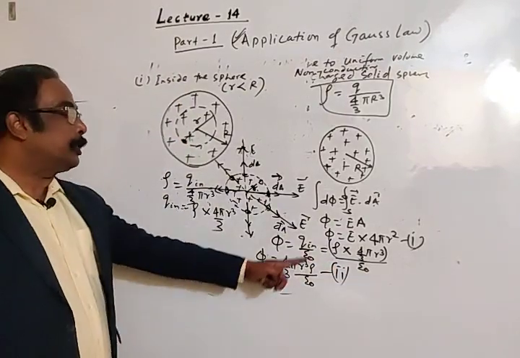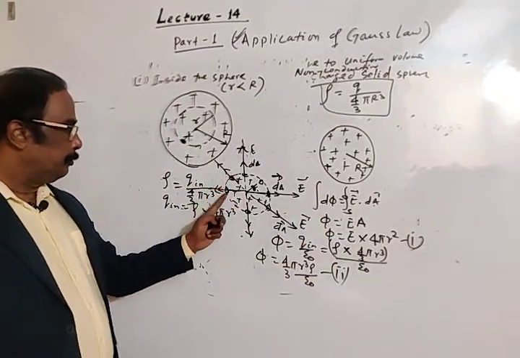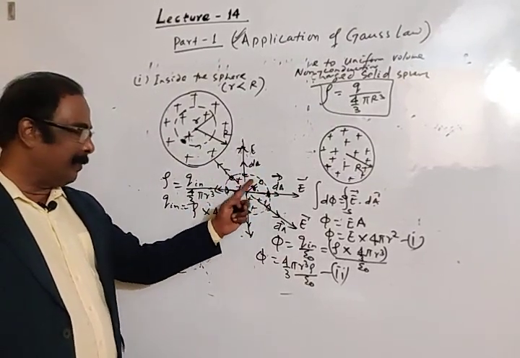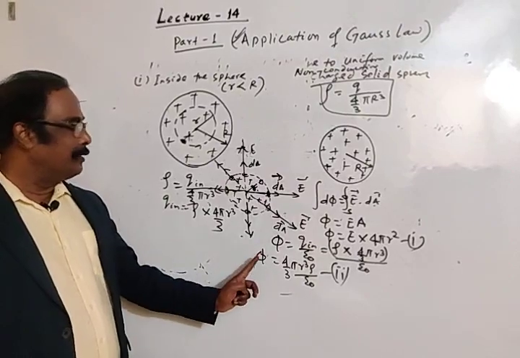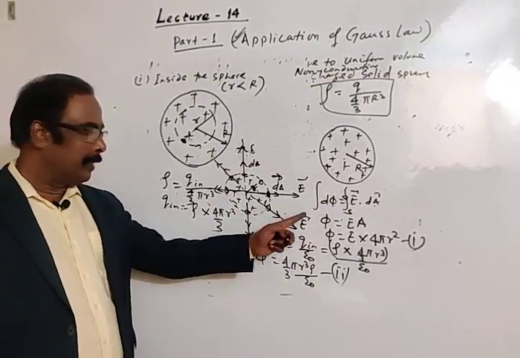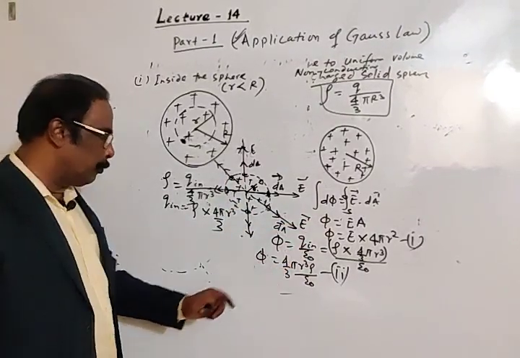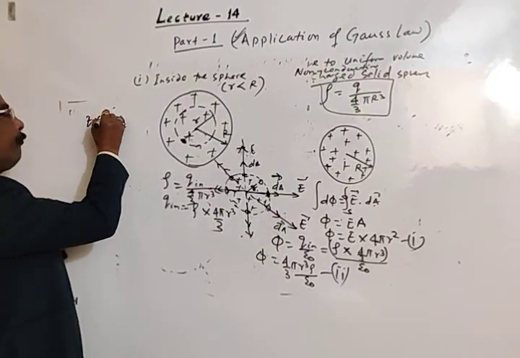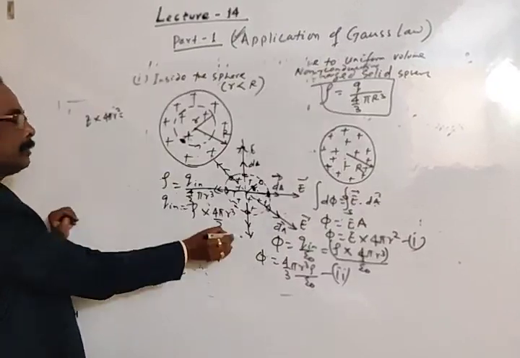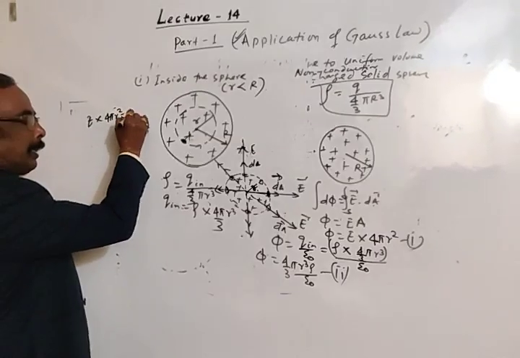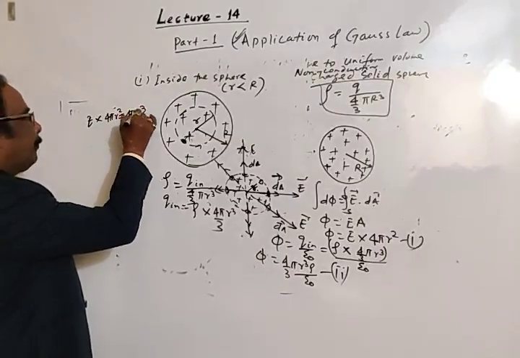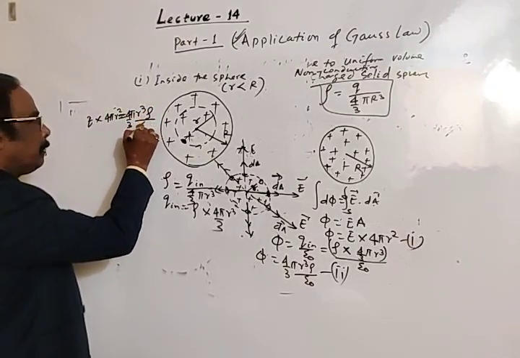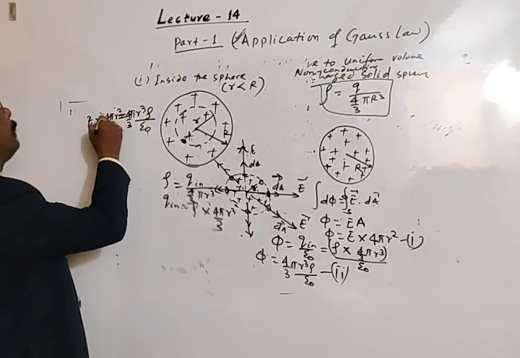Now, this is the flux due to this imaginary sphere of uniform volume charge density, and this is also the flux. Then equating equations 1 and 2, we get electric field times 4π r square is equal to 4/3 π r cube times ρ, the uniform volume charge density, divided by epsilon naught.